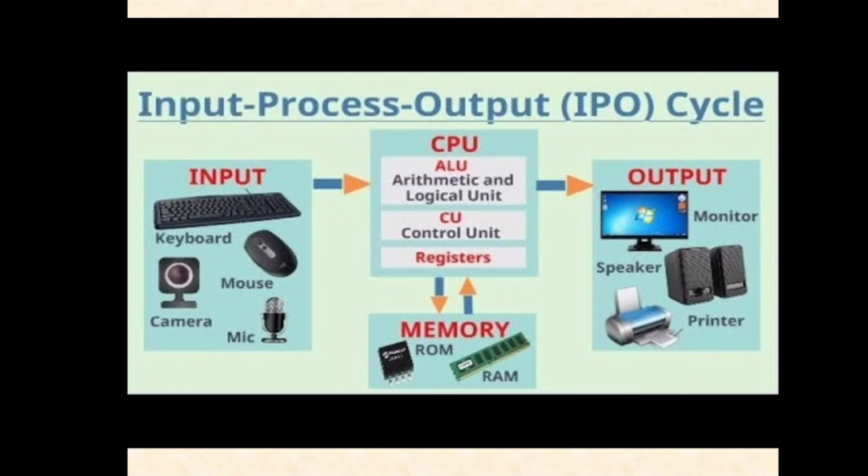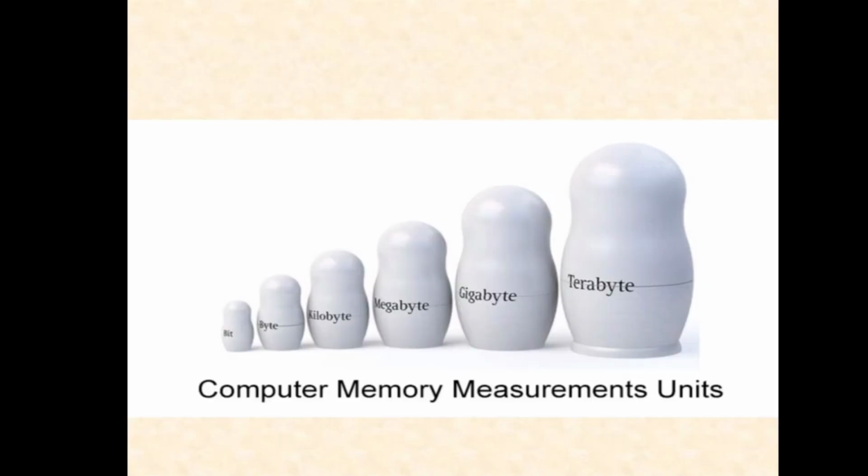There you can listen to your final result. So basically your final results will be called output, which you can see, read or listen on monitor, speaker and printer. So now let's move on to next topic, measuring units of computer memory.